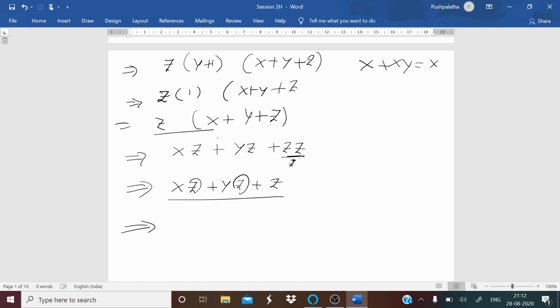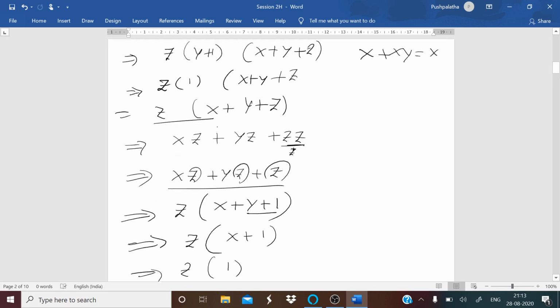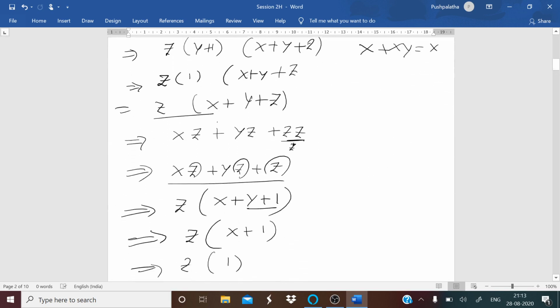It is z. So take z as a common factor: x plus y plus 1. Now y plus 1 is the same as 1, and x plus 1 is the same as 1. So the final answer is z. That is the simplified answer for you.